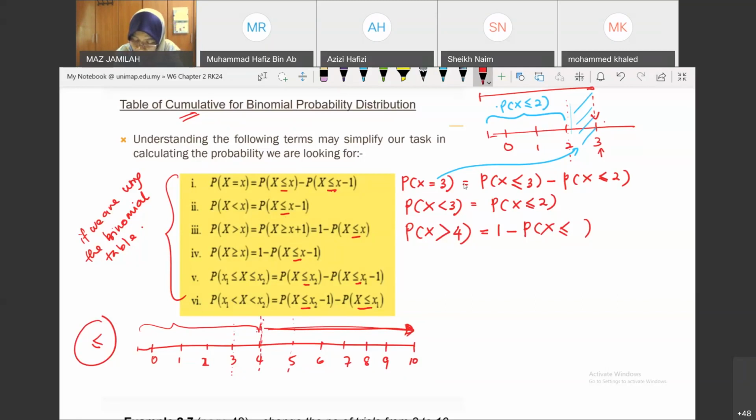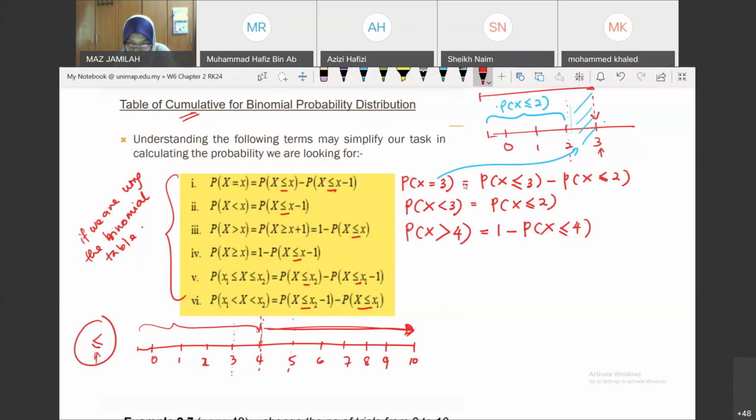So it is 1 minus P(x less than or equal to 4), because we begin from 5, so 4 is included in this particular table. Just listen and later we will see a few examples.